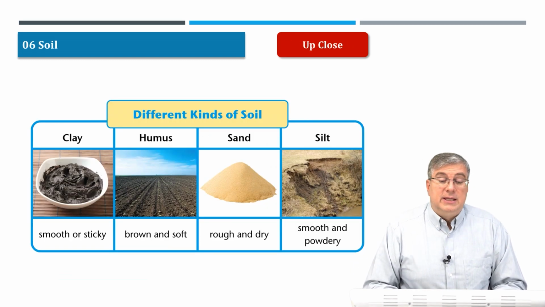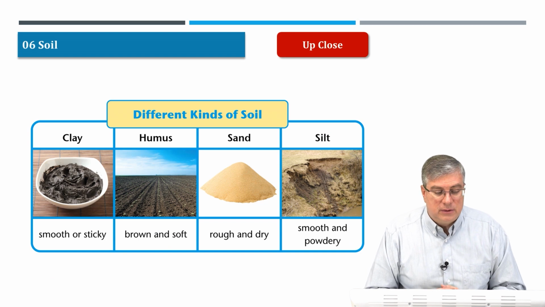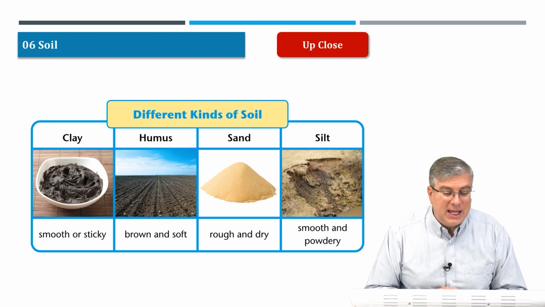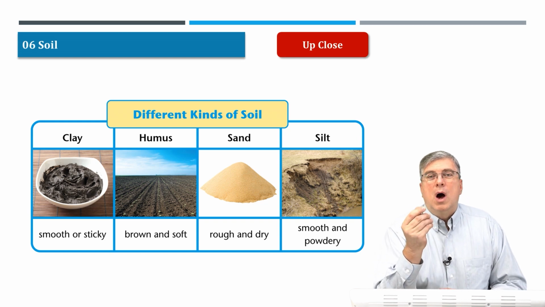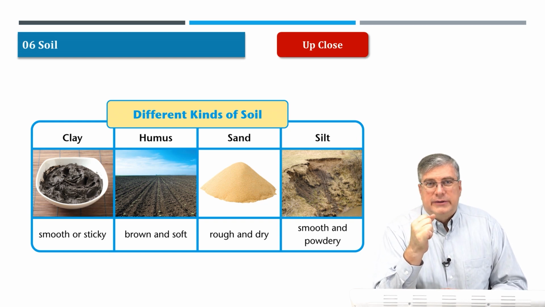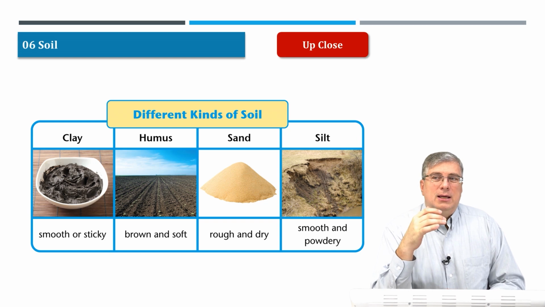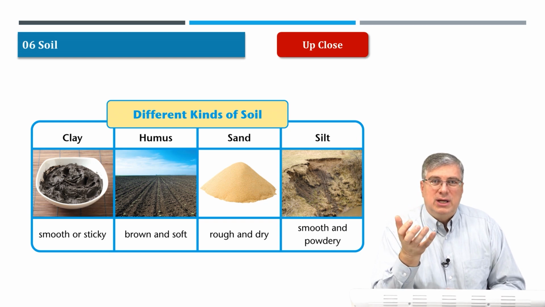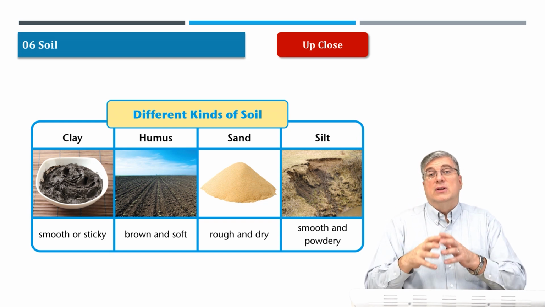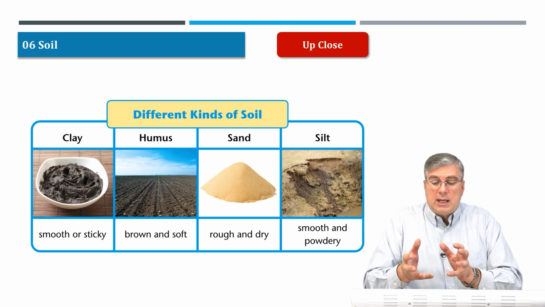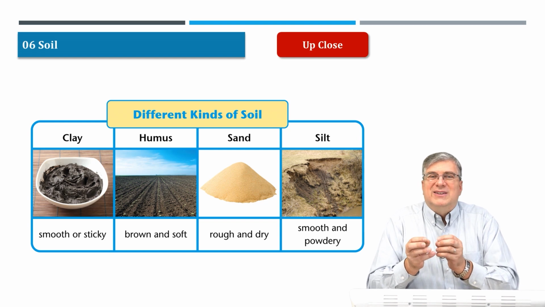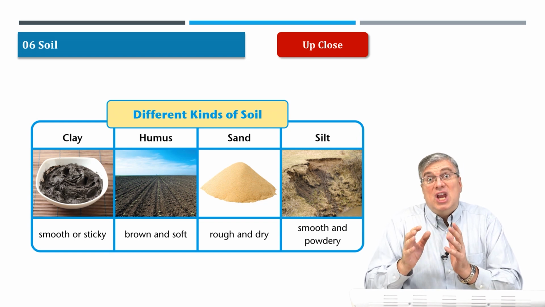Okay, there's different kinds of soil too, right? There's clay. Clay is smooth or sticky. And clay has water in it, right? So you usually find clay where there are rivers or streams. Clay is very important because a long time ago, right, people used clay and they realized if they get it wet, it's like wet mud, and they could shape it.